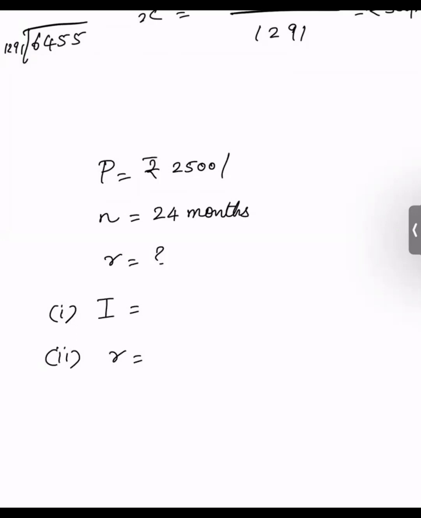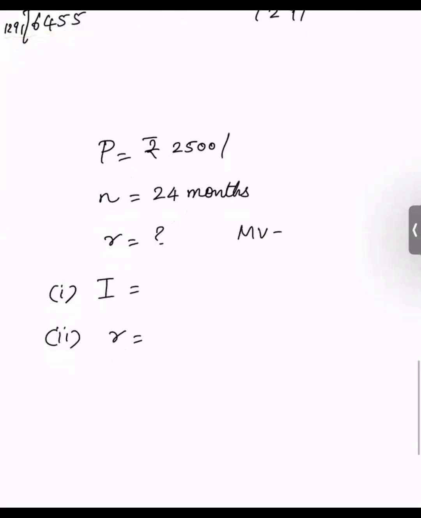Okay, one more piece of information they have given, that is the maturity value. 66,250 is the maturity value. So after 2 years, he will get 66,250. Okay, so here what we will do is first we need to calculate the interest.